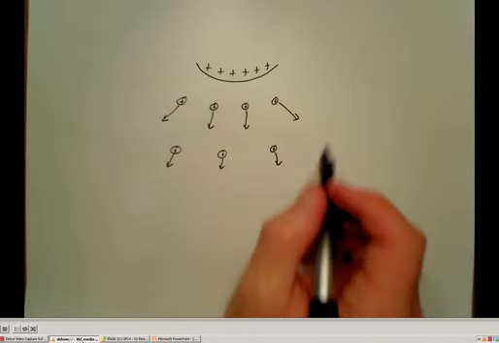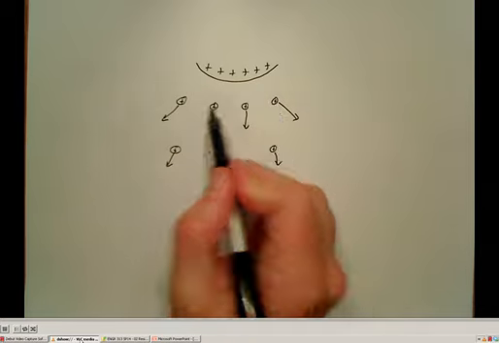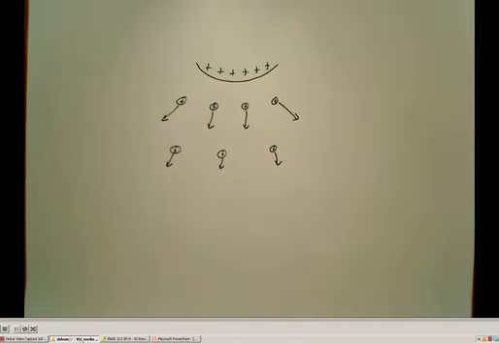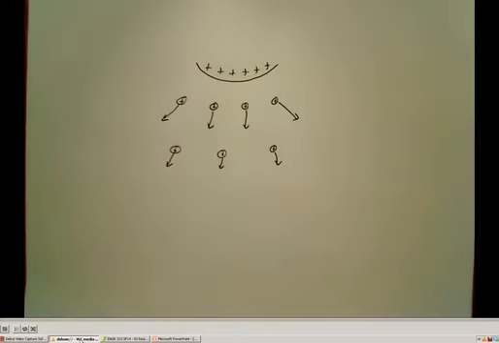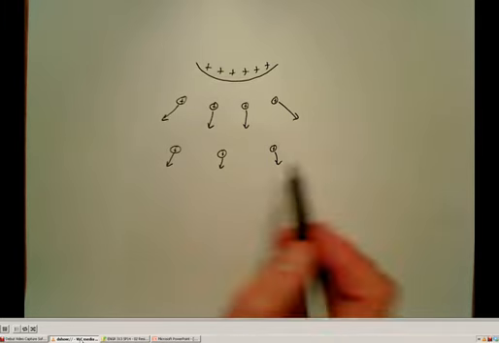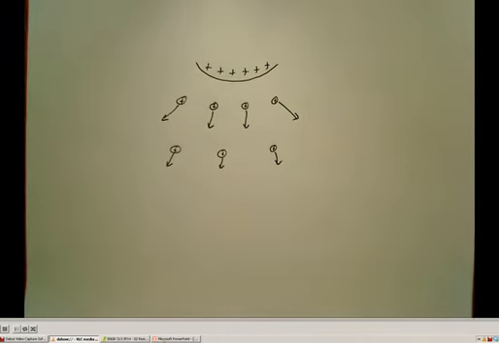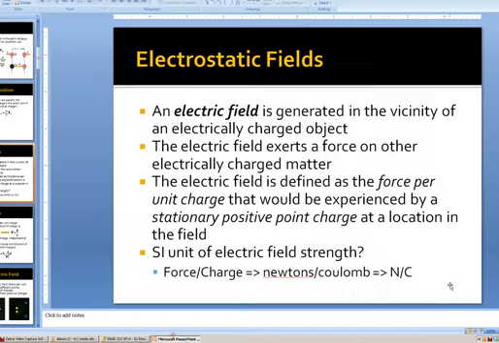Now, if we didn't put these small positive point charges here, this electric field would still exist because this positively charged object, which also could be a negatively charged object, is still going to tend to exert that force on this small stationary point charge, whether or not there's a charge there.